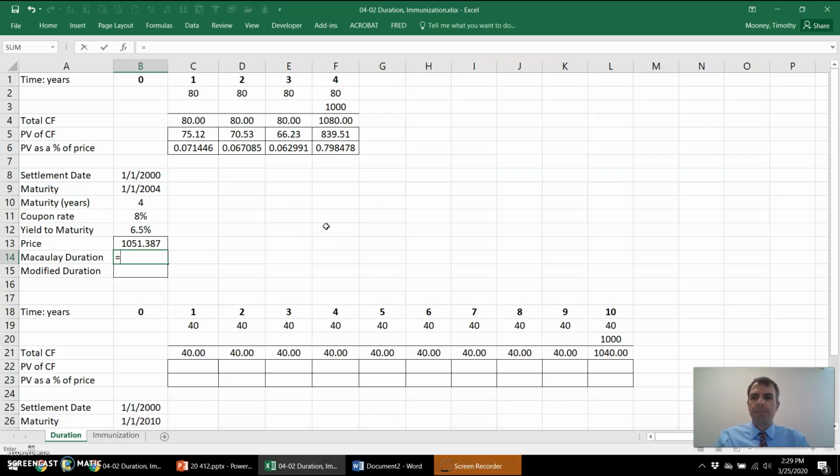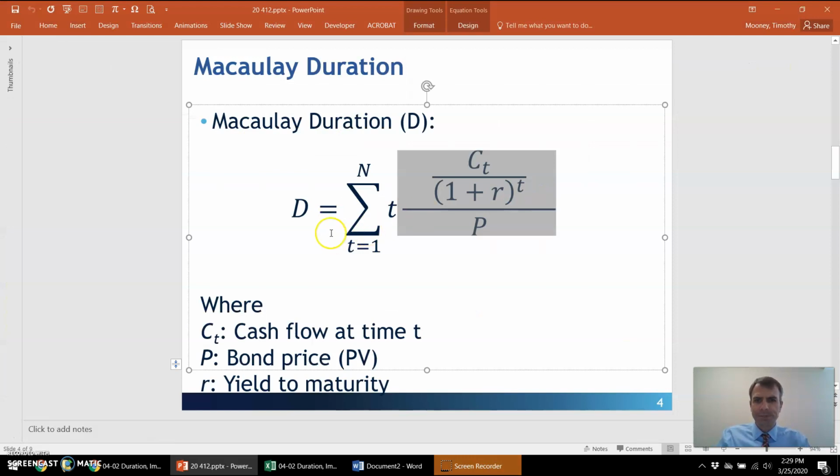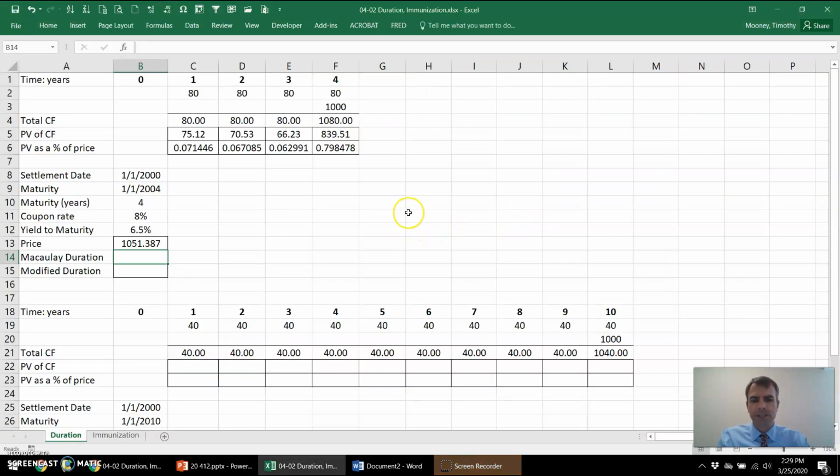There's a function that we use in Excel, but if you can see how it's built, that's good for understanding, right? So let's walk through this summation formula and take each time until the bond matures times the percentage of the bond's value that occurs at each point in time and add them up. If you've got the Macaulay duration formula in front of you, you can look along.